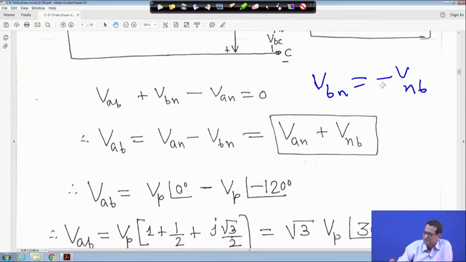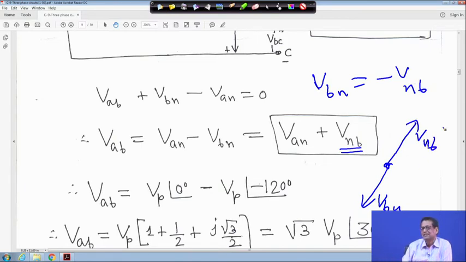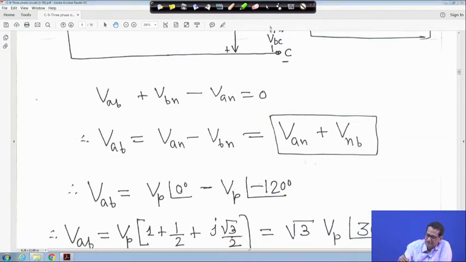That's why VBN is written as minus VNB. Suppose the notation is VBN in this direction; if you want VNB, it will be just opposite, a 180 degree shift, right. That's why it is written plus VNB. So let me clear it, right.